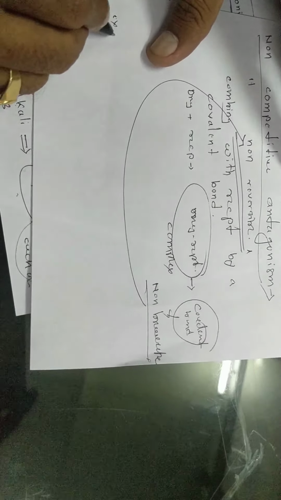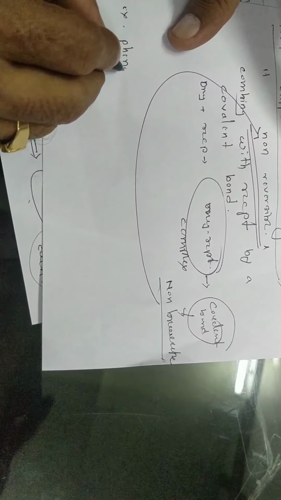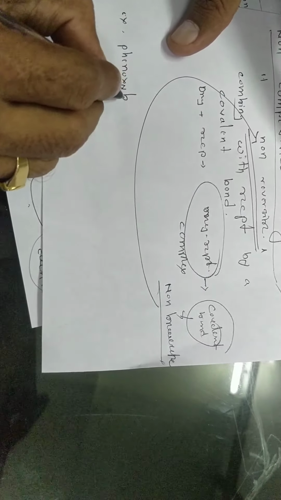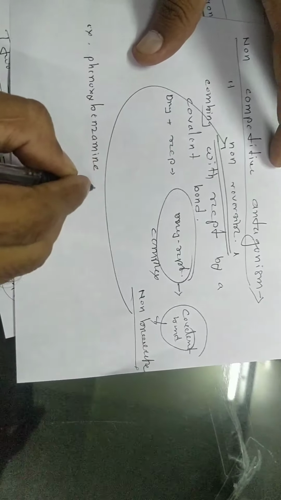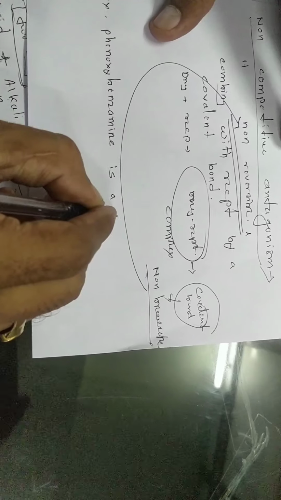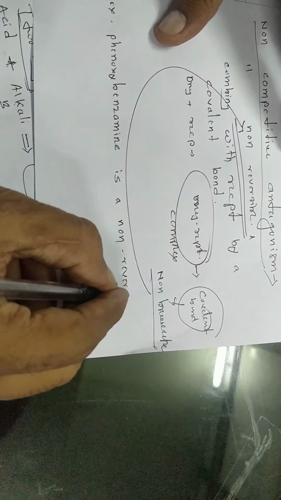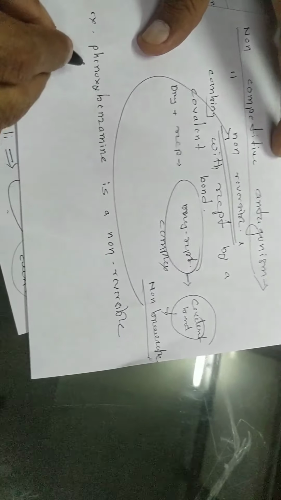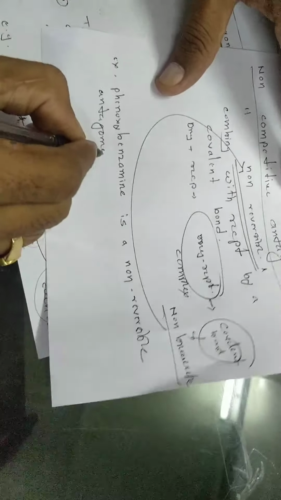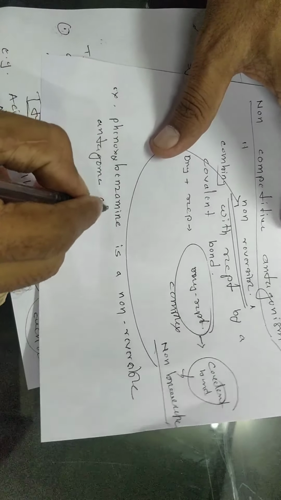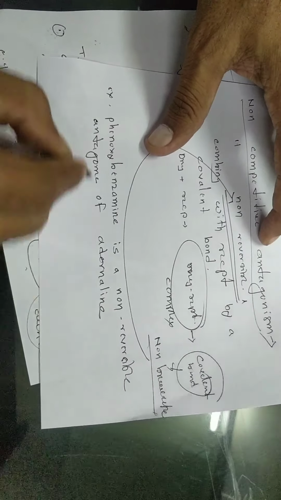Example: phenoxybenzamide is a non-reversible antagonist of adrenaline.